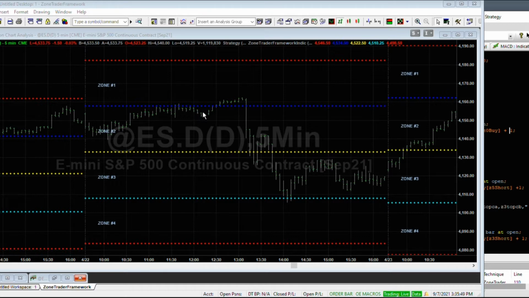But then the market starts rallying back up, and you're thinking, okay, we've had congestion or consolidation, we're going to break out. But again, we go into Zone 1, but not with a lot of momentum. And then we have this huge sell-off, and the market just collapses the rest of the day. It gets down to the top of Zone 4 and then bounces.